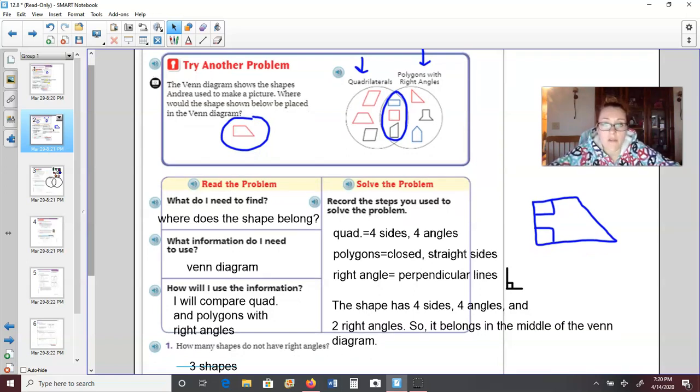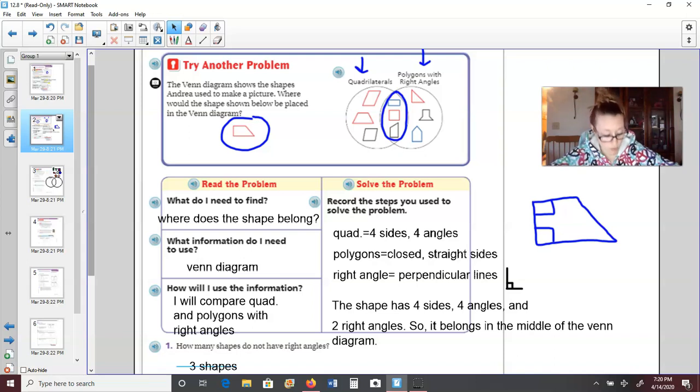Well, we already have them sorted as quadrilaterals, so that's having 4 sides, but not all of those shapes have 4 sides. So we could maybe sort them by triangles, although there's only 1 triangle, or we could look at the types of sides that they have, because a lot of those polygons have parallel sides.